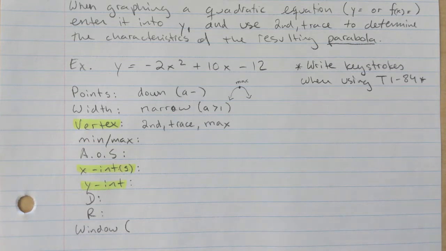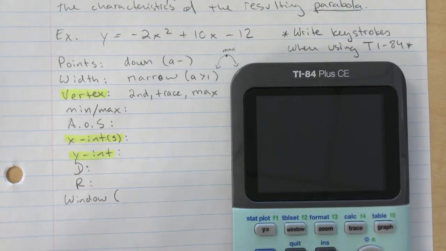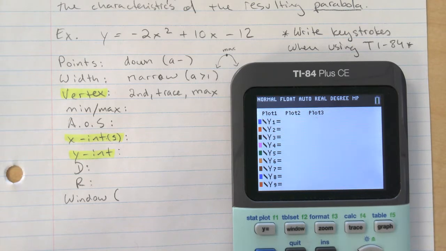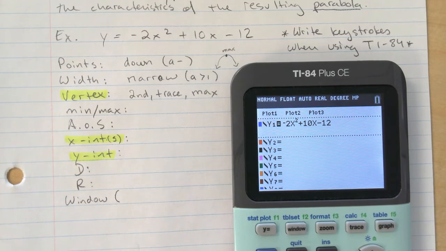Let's type in that equation into our calculator. So let's go to y equals. I'm going to clear everything I have in there. So it's negative 2x squared plus 10x minus 12. Okay.